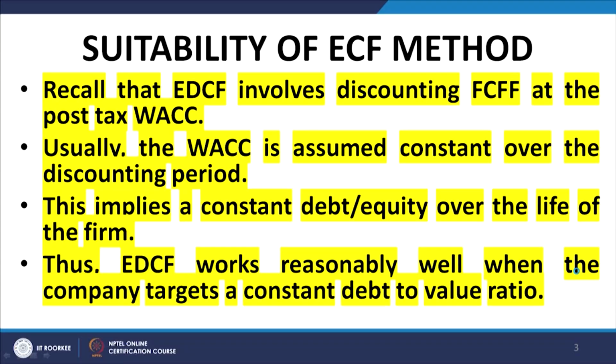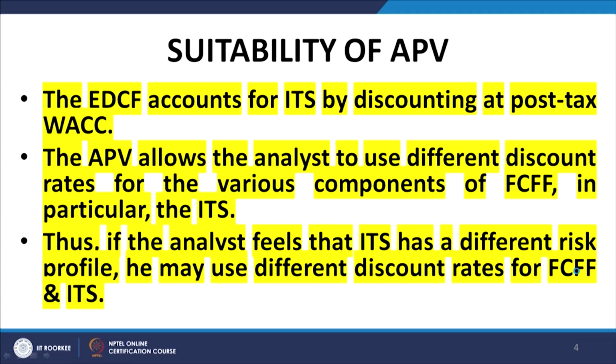Therefore, the enterprise DCF works reasonably well when the company targets a constant debt to value ratio or debt to equity ratio. Now, the APV is a modification of the enterprise DCF.